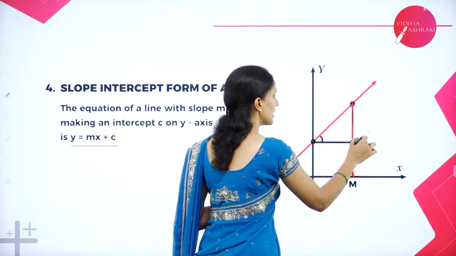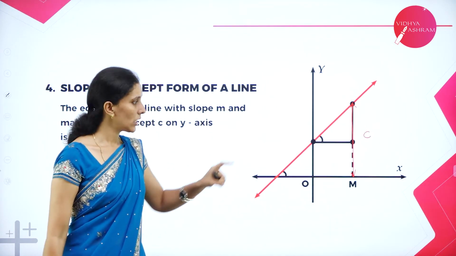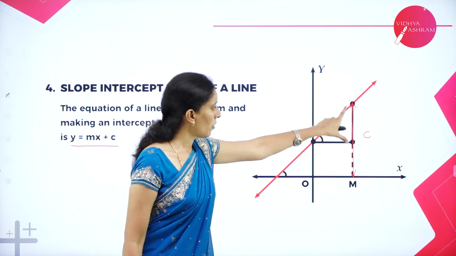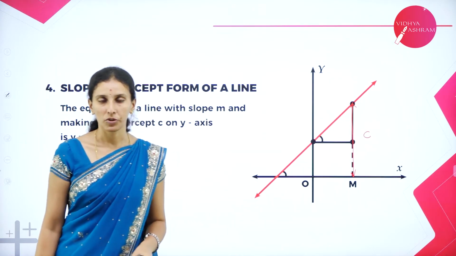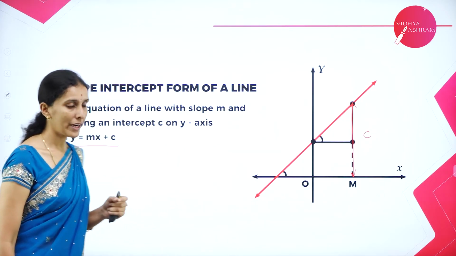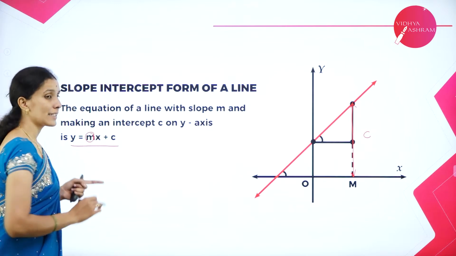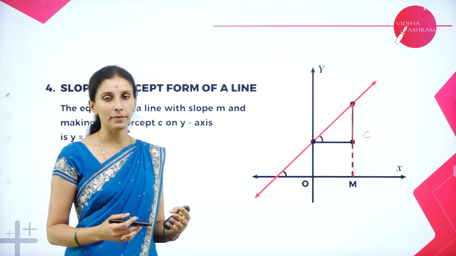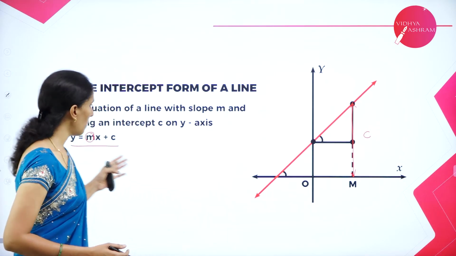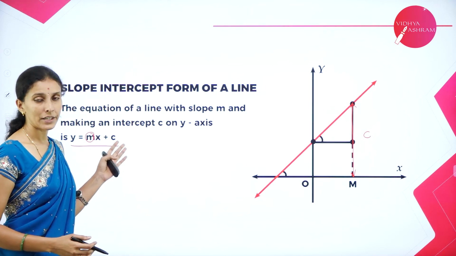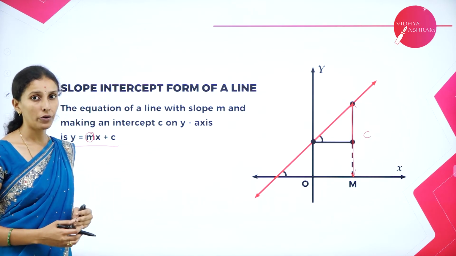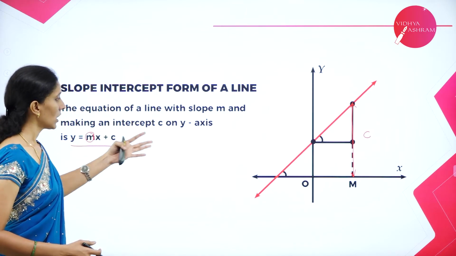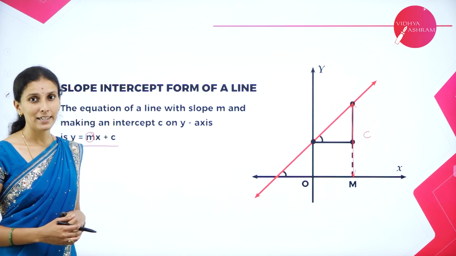Whatever the distance given here, that is the y-intercept, the point c, and m is given. So whenever the slope and the y-intercept are given, the formula to write the equation of the line is y is equal to mx plus c. So this is when the y-intercept is given.